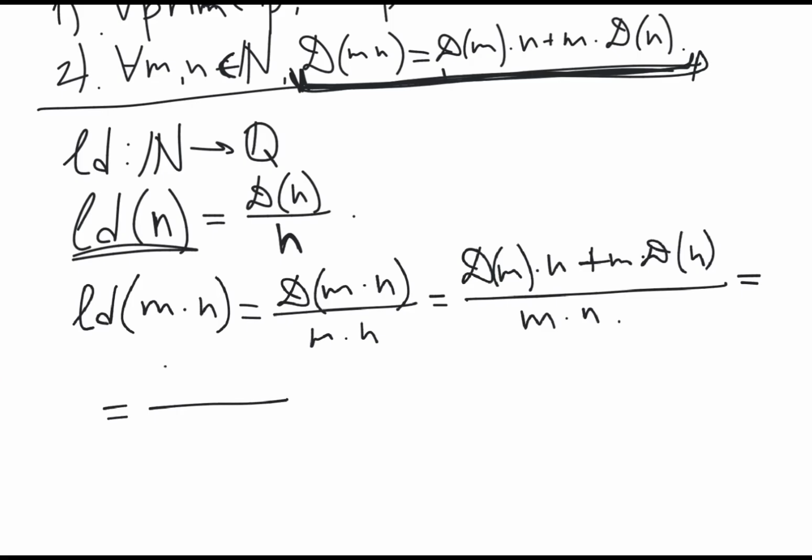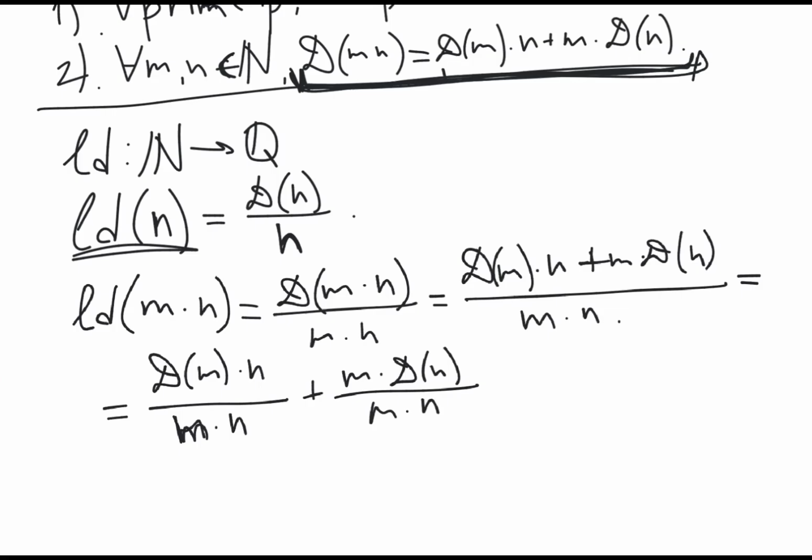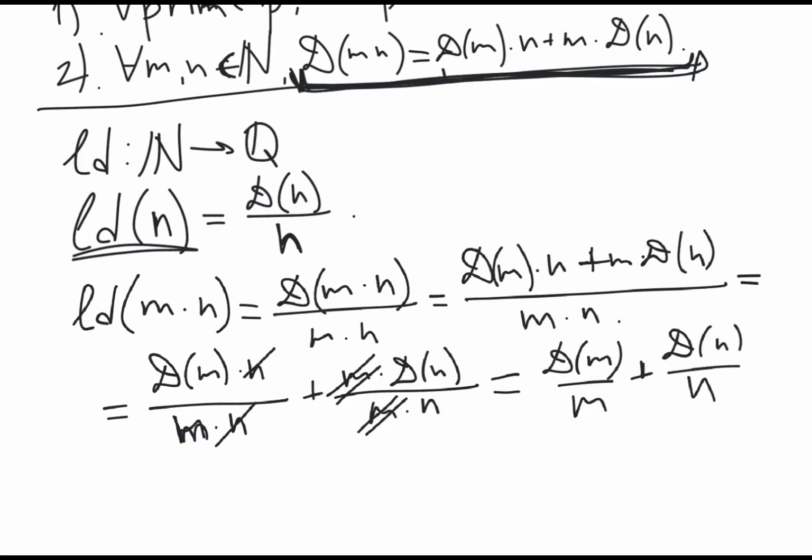Now we write it as two fractions, d of m multiplied by n over m multiplied by n plus m multiplied by d of n over m n, right? So now we see that n cancel each other and m cancel each other. So in total this is equal to d of m over m plus d of n over n, right?